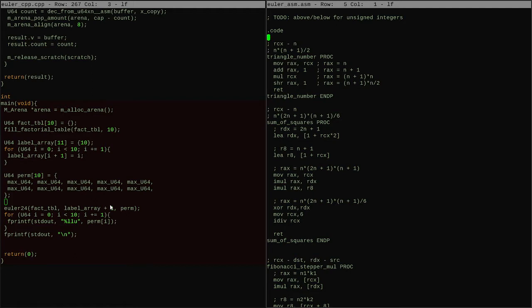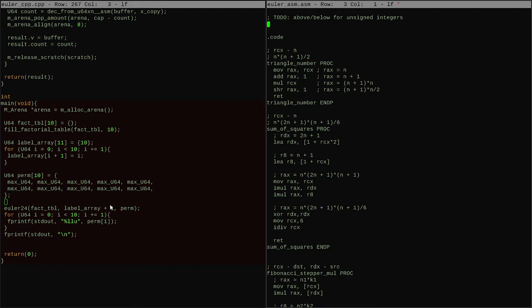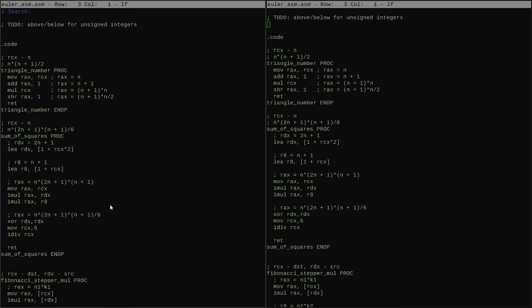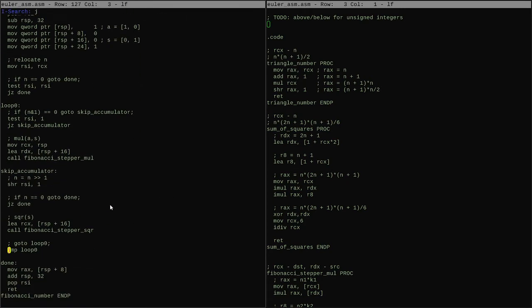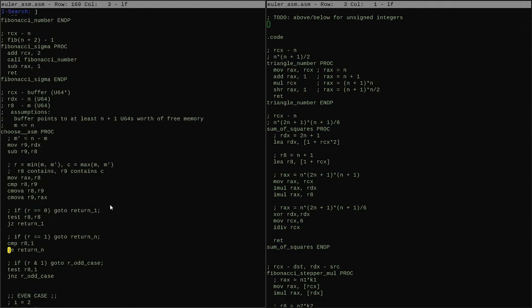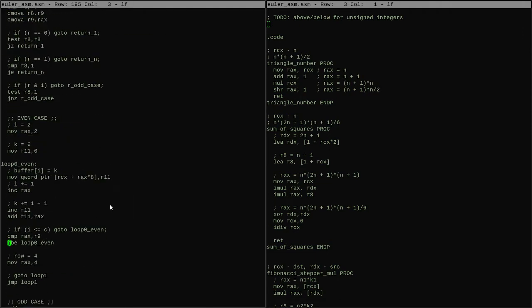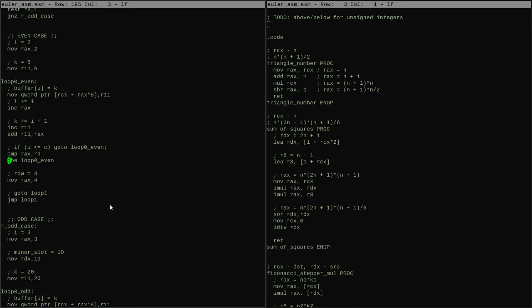So let's start with all of the places where I've used jumps. Jump 0 is fine. Jump is fine. Jump equal, jump not 0. Jump below or equal.